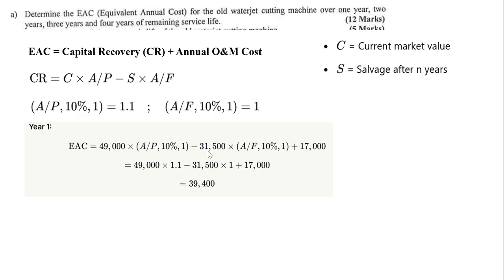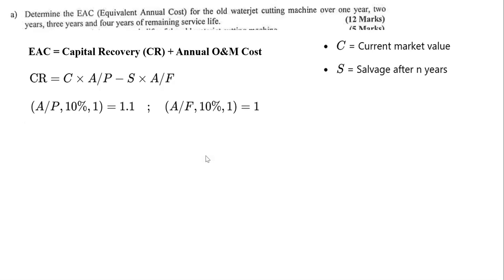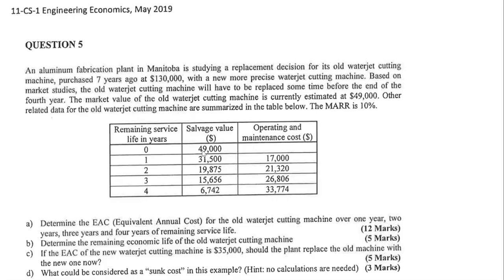So we have to calculate the difference, and add it to the annual operation and maintenance cost, plus 17,000. All these numbers are from the table: 49, 31, and 17.